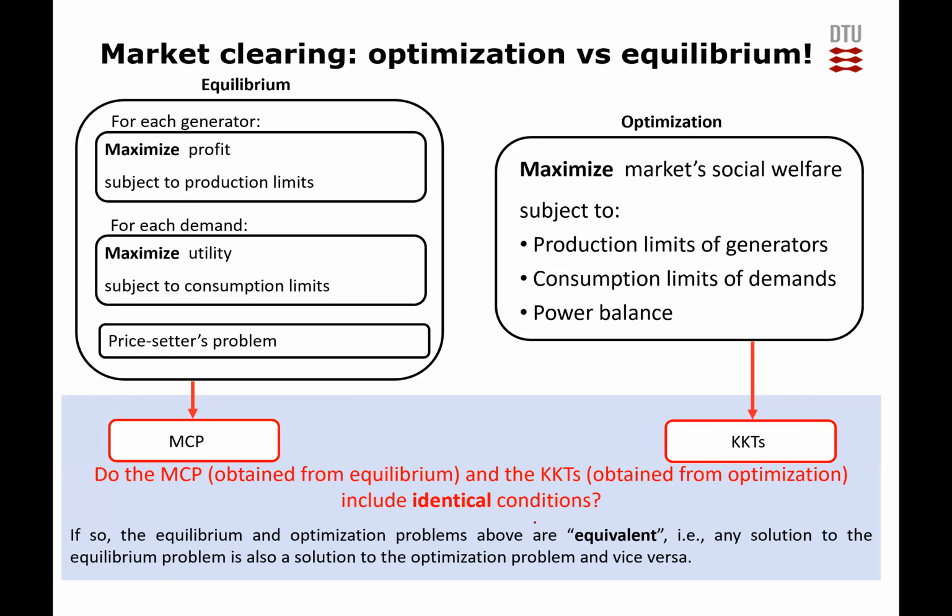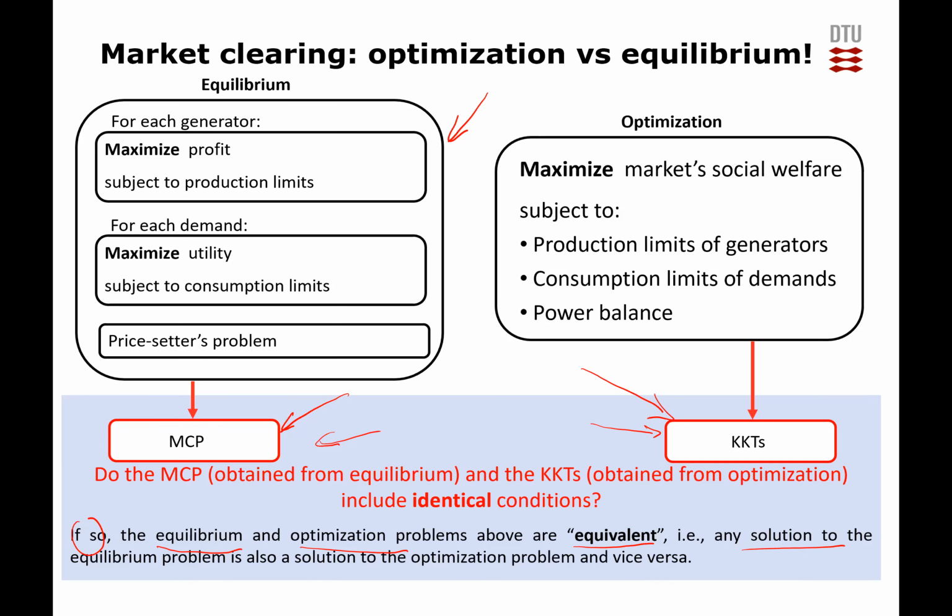So this is a question: do this MCP and the KKTs coming from the optimization include identical conditions? We have to check it. If so, we can say that the equilibrium and optimization problems are equivalent. It means that any solution to the MCP is also a solution to the KKTs of the optimization problem and vice versa.